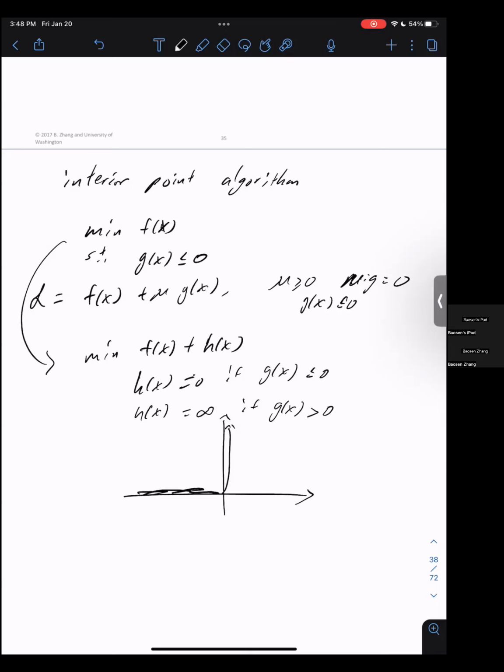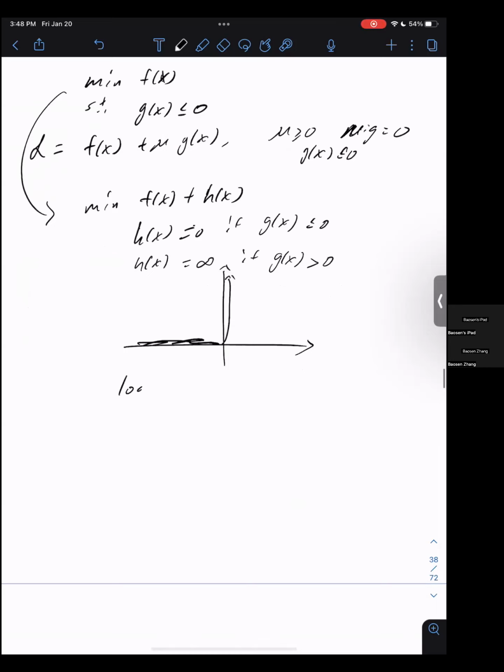Right, so the function we should use is a log. What you want to use is a log function. So you look at log of minus g of x. So what does this log function look like? I'll look at the minus log actually.